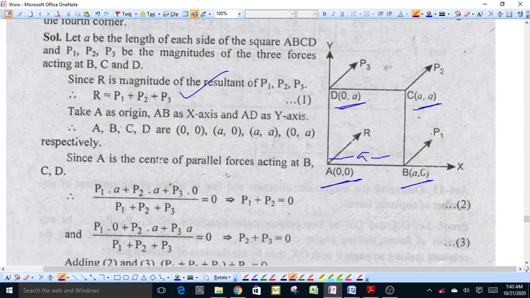Now the point where the resultant of all these forces acts is (0, 0), therefore the x coordinate of that point is 0.